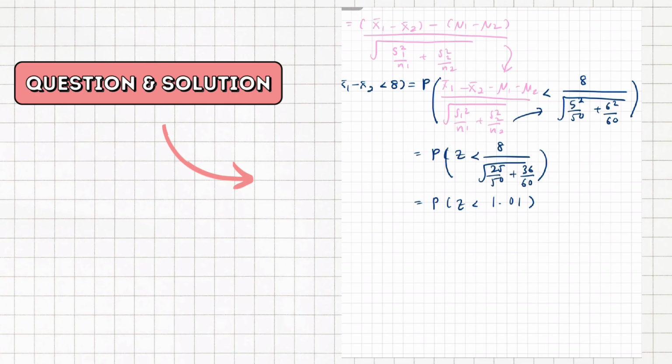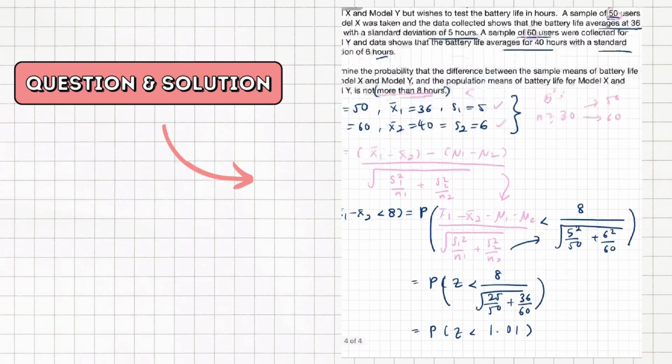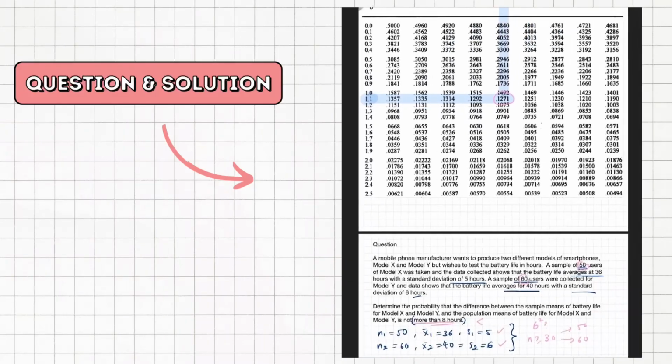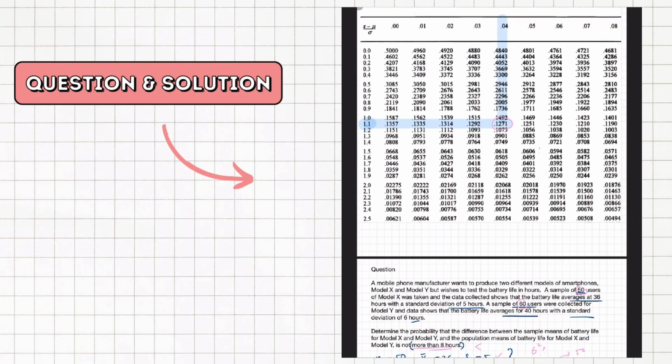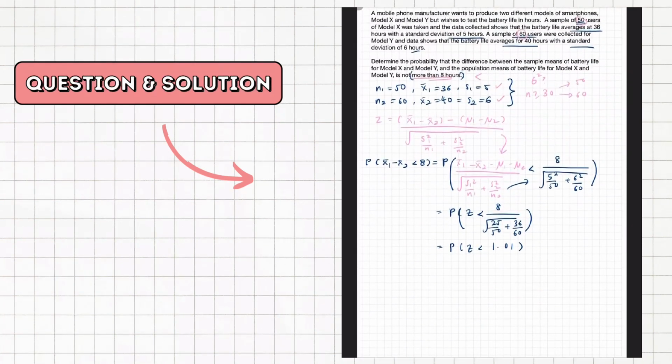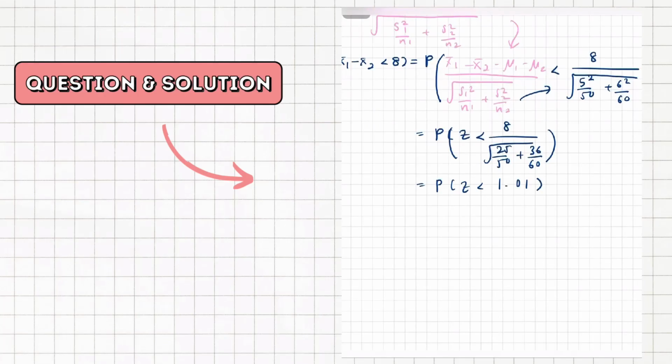So as we go to the Z table, 1.01 here, we get a probability of 0.1562. As you draw your table, this is where 1.01 stands.